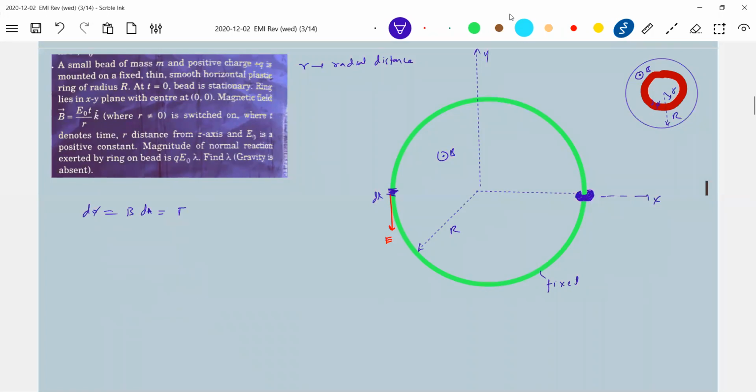So this will be B naught t by r times 2 pi r dr. Integrating from 0 to R gives the flux linking the total ring, which will be 2 pi B naught t R. Now I'll come to this one: E bar dot dl is equal to d phi by dt.